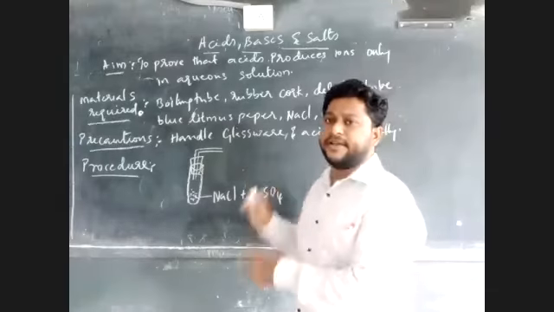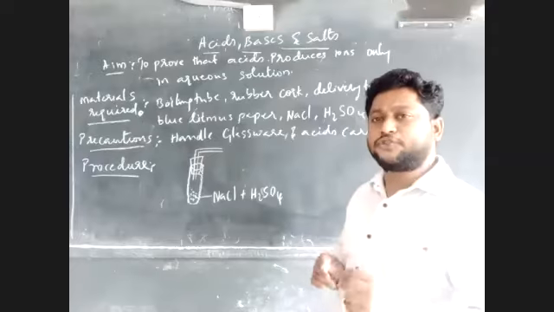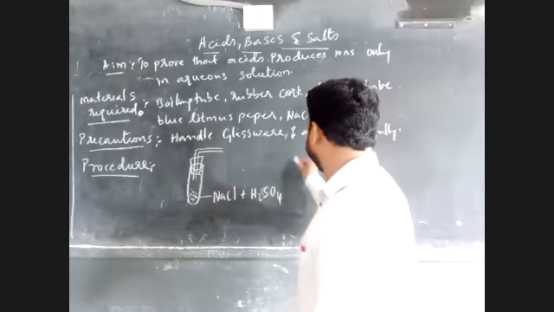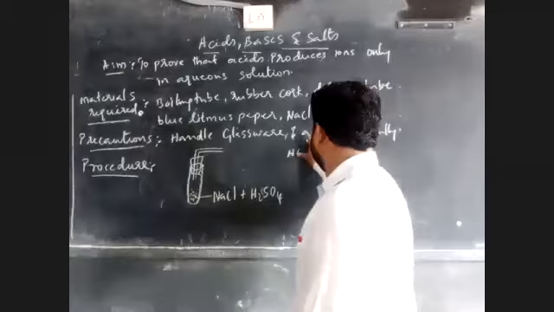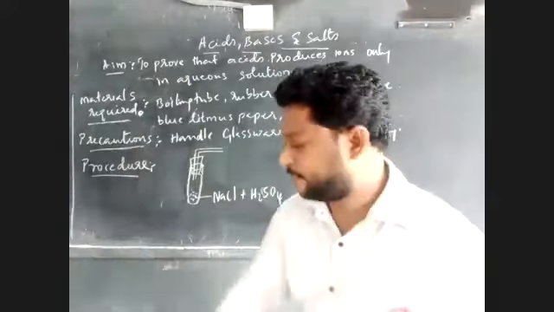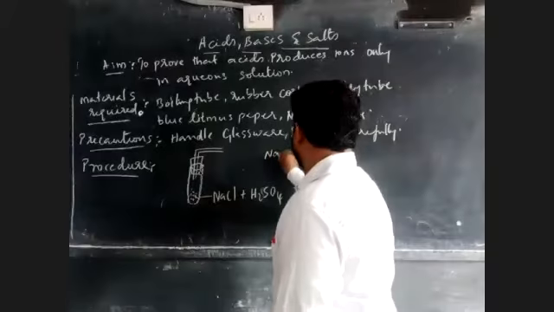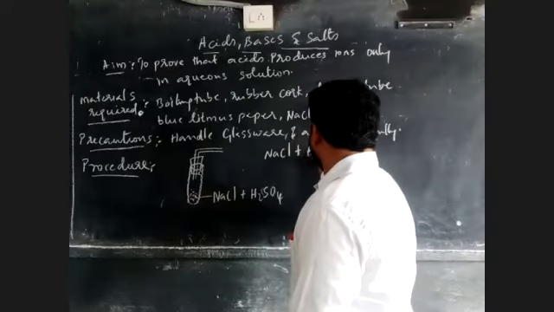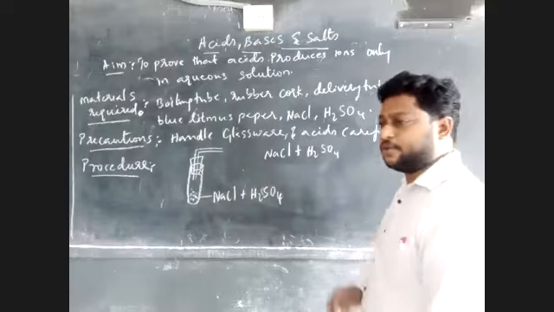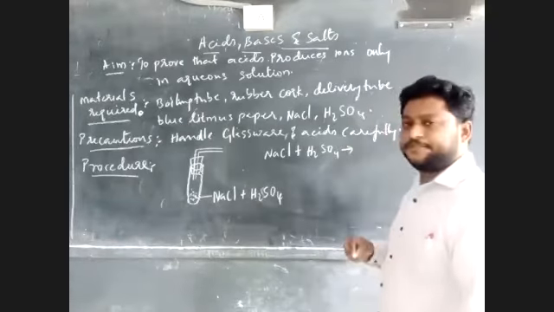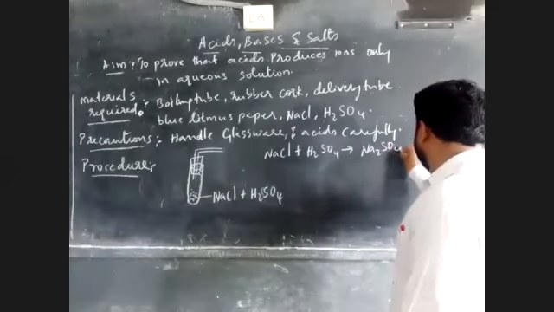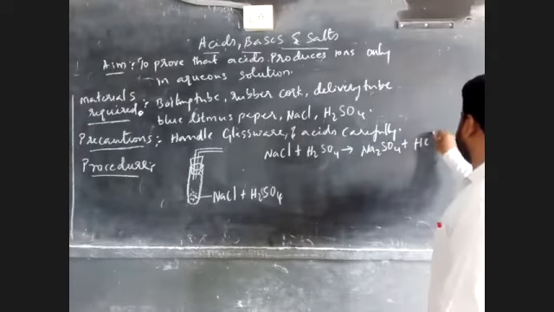So what is happening when you take NaCl and H2SO4 in the boiling tube? Let us write the reaction. NaCl reacts with H2SO4 and produces Na2SO4 plus HCl gas.